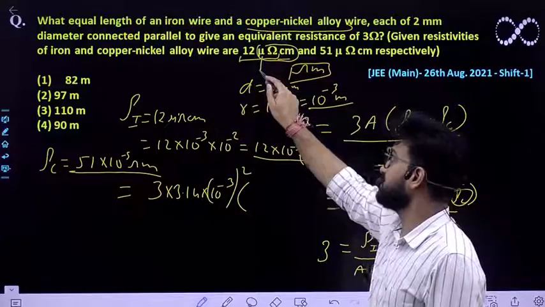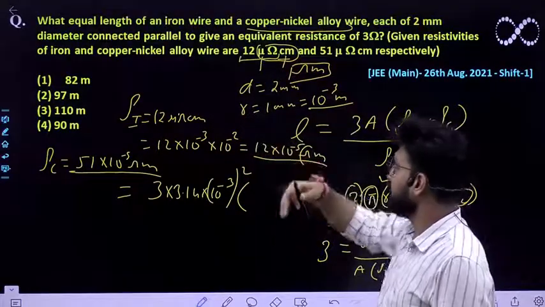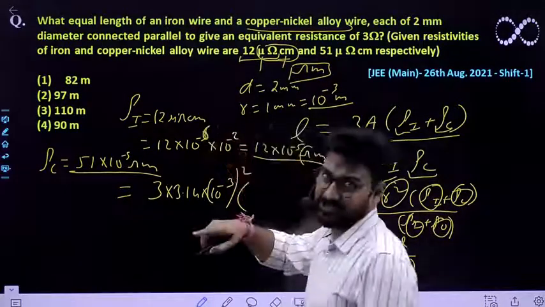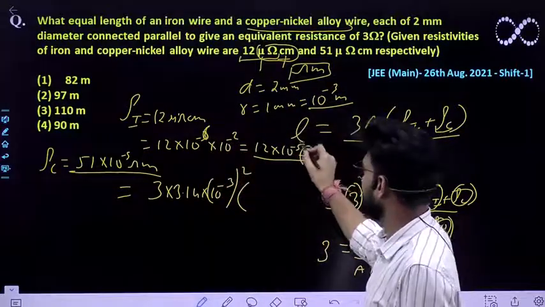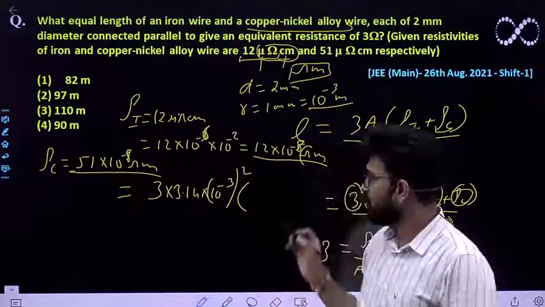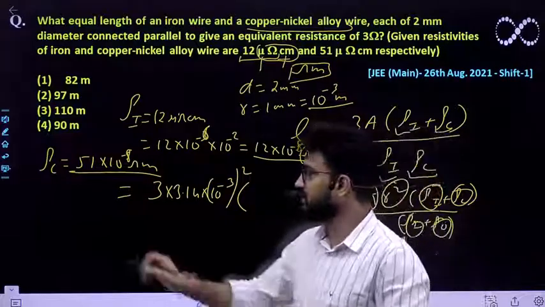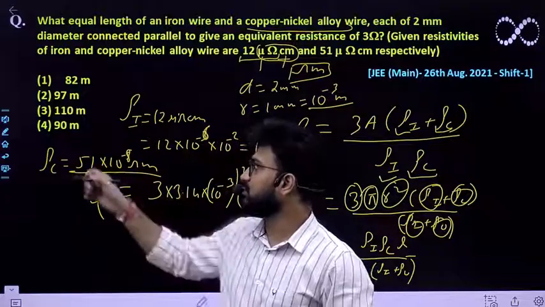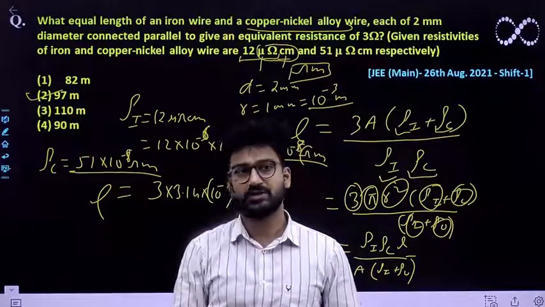Micro is 10 to the power minus 6 and 1 centimeter is equal to 10 to the power minus 2 meter, so it would be 10 to the power minus 8. Here also it would be 10 to the power minus 8. Rest everything is clear. You just have to put in the values so that you can get the value of length. After putting the values, you will get 97 meter. So I hope this question is clear to everyone. Thank you.